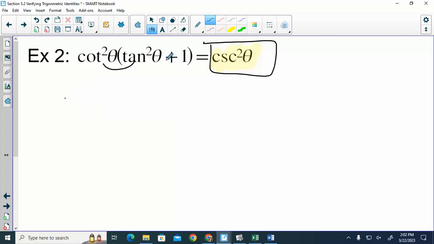Yeah, you could change tangent squared plus 1 into secant squared. So you can either do that identity, you can distribute first, or you can change everything to sines and cosines first. There's really 3 different options. Which one do you guys want me to do? Okay. If you want to do a different way, you're welcome to go ahead and try it on your own and see if we get to the same point.